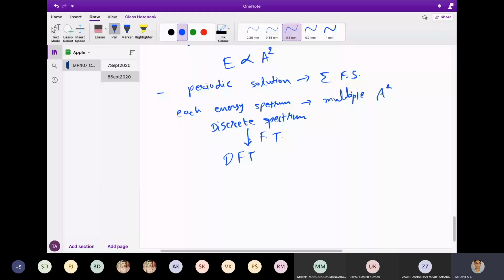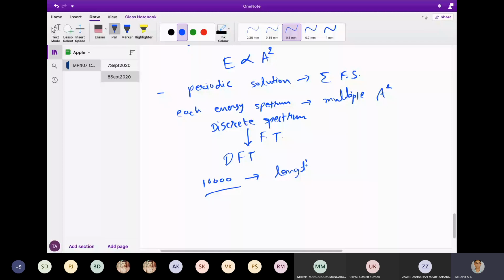And generally, if we do it mathematically, with pen and paper, in signal analysis, this discrete Fourier transform takes very long calculations. If you have thousands of samples, each having a discrete frequency spectrum, and each spectrum has a multiple amplitude square, and for each amplitude you are performing the Fourier transform, this becomes a very lengthy process.